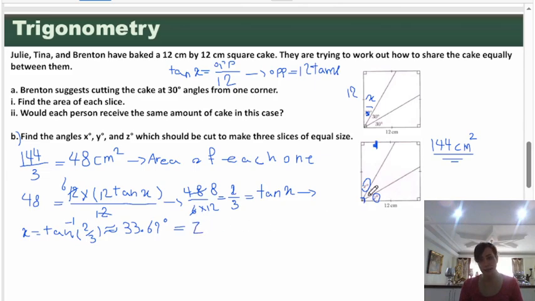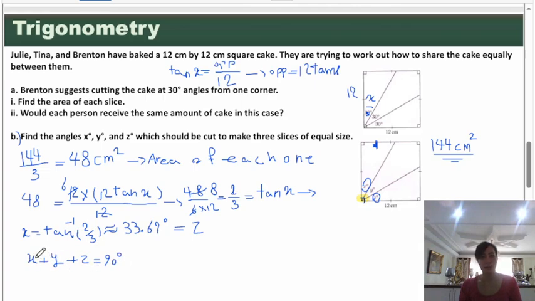As I said here, for any square, the interior angle equals 90 for any corner. So this corner would be 90. I add them up, X plus Y plus Z gives me 90.